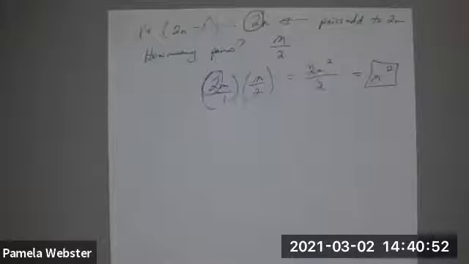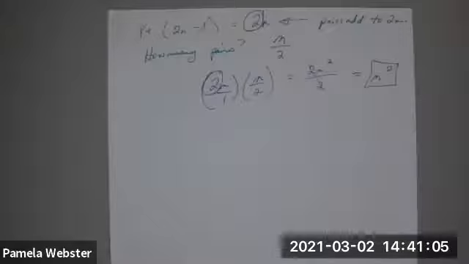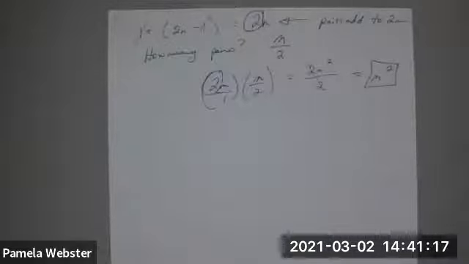I have a question about page 75, the homework. Okay, what you got? It says prove that any angle inscribed in a semicircle is a right angle.